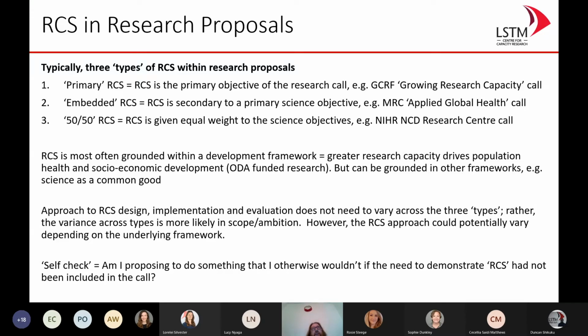And if the answer to that is no, I would probably do this anyway if I wasn't required to demonstrate RCS, then maybe you haven't been as ambitious as you could have been.